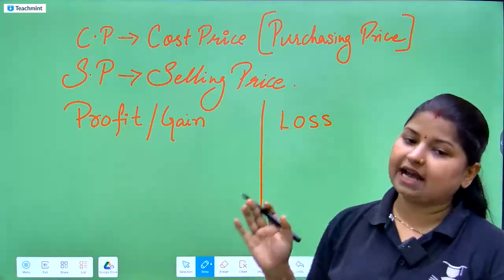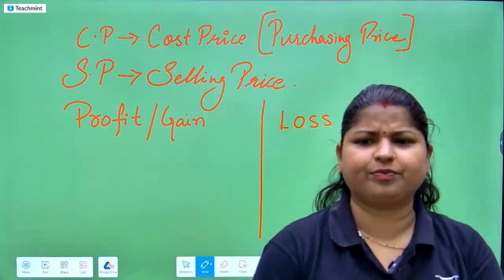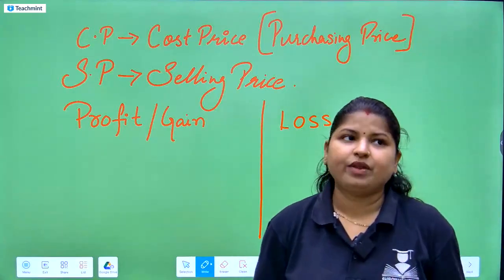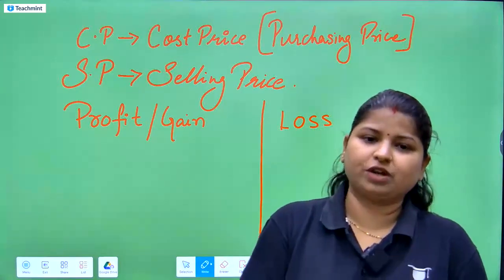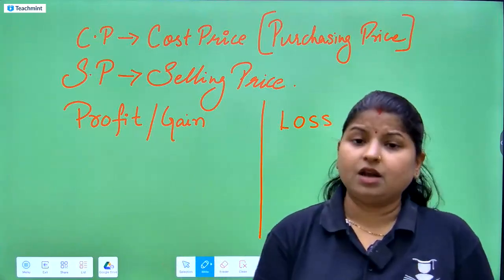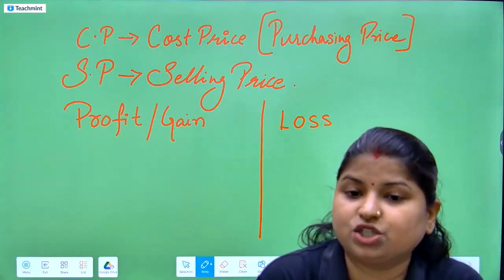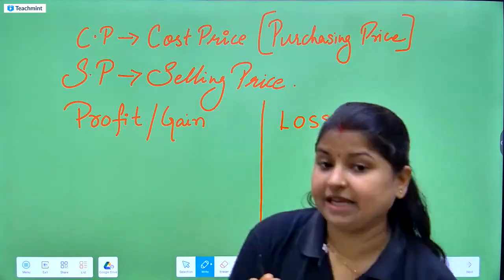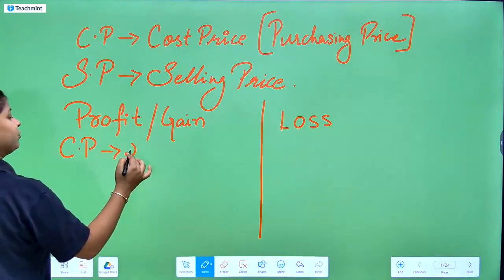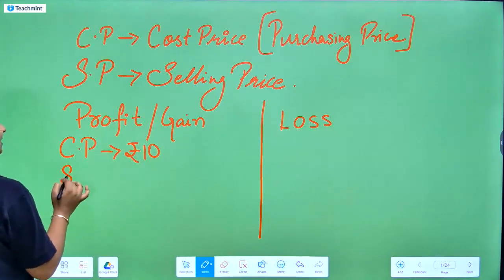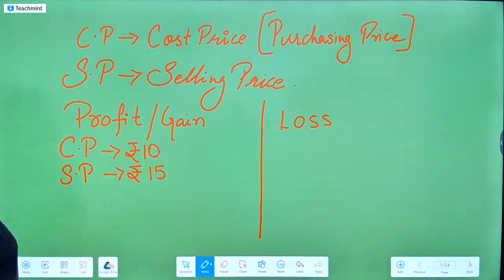Loss is another concept. So suppose you buy a pen in 10 rupees. You bought a pen in rupees 10, and then you went to school and you gave that pen to your friend. You would say, okay, you can take this pen, but I would charge rupees 15 for it. That means you bought that pen in rupees 10, but you are selling that pen to your friend in rupees 15.